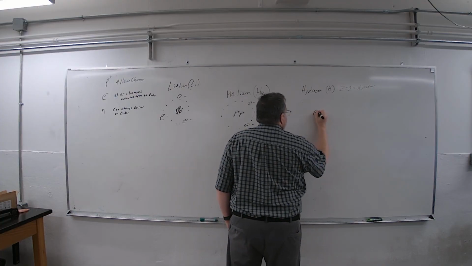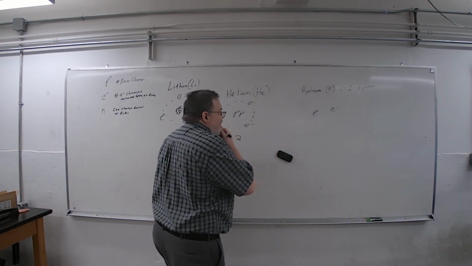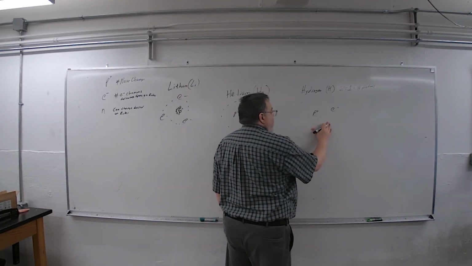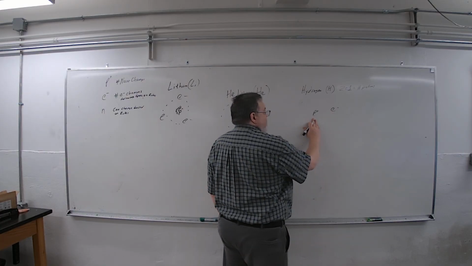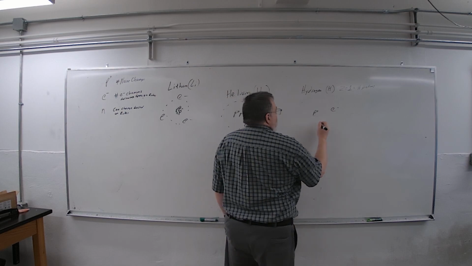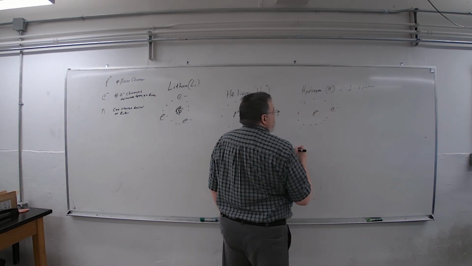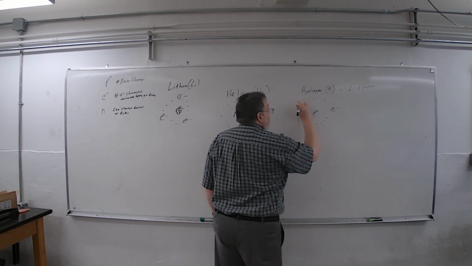So let me put a proton here, an electron out here to keep it neutral. Hydrogen can gain 1 electron, which would make it -1. It can also lose 1 electron and make it positive, which is usually what happens. But here are 3 different types of hydrogen, and this is true for all of them.